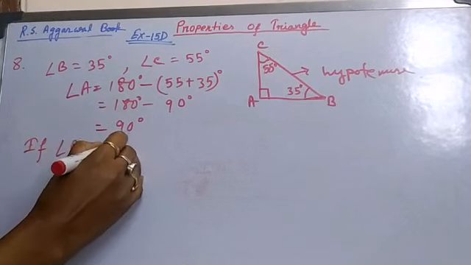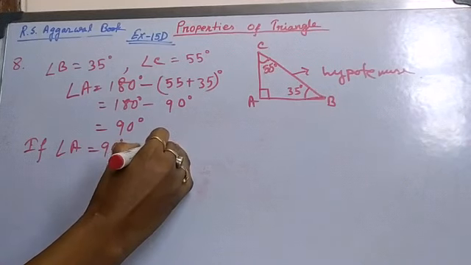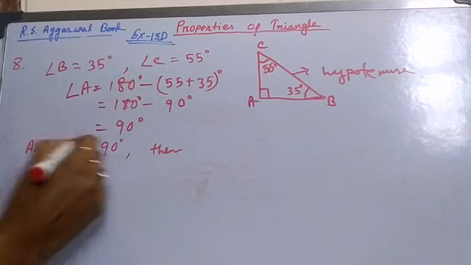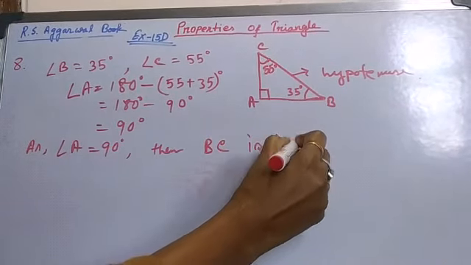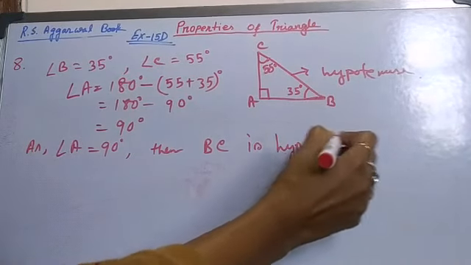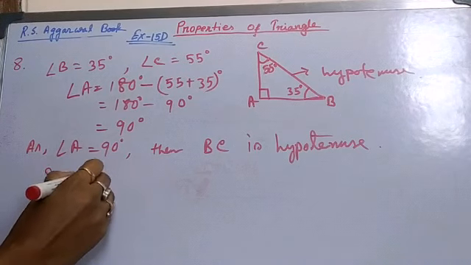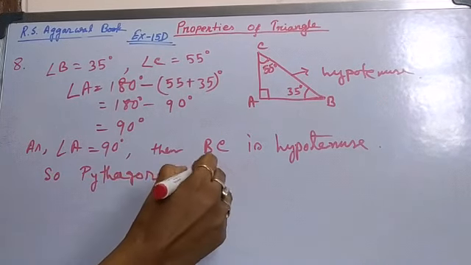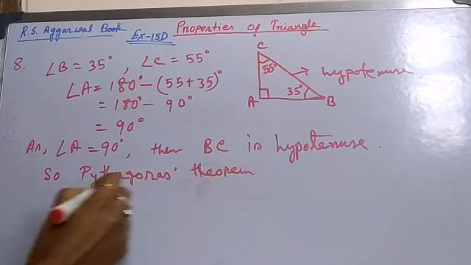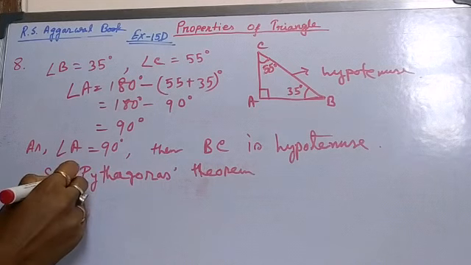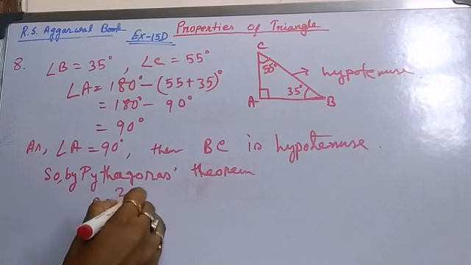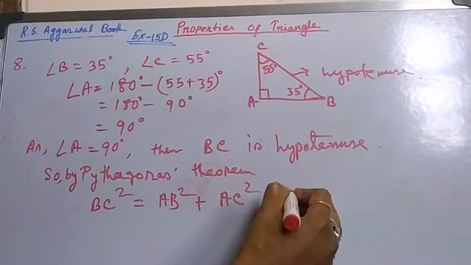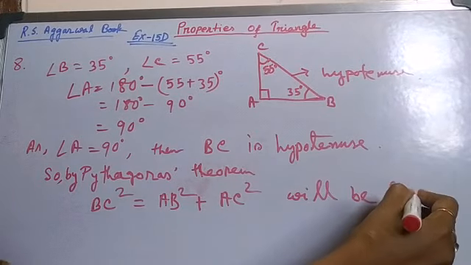If angle A equal to 90 degree, then BC is hypotenuse, so by Pythagoras theorem, BC square equal to AB square plus AC square will be a true statement.